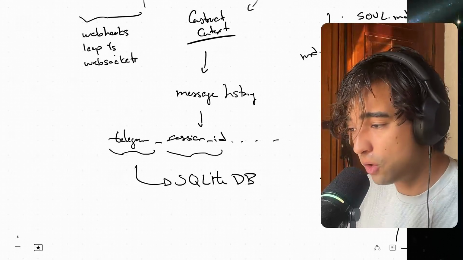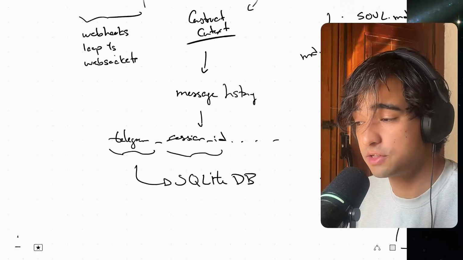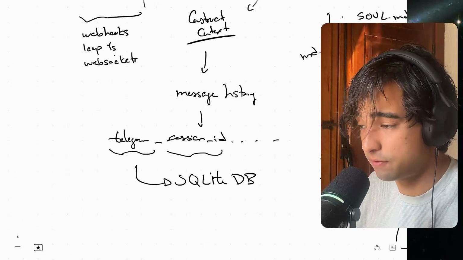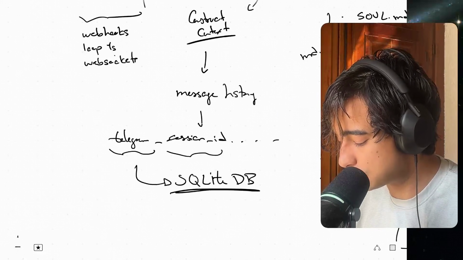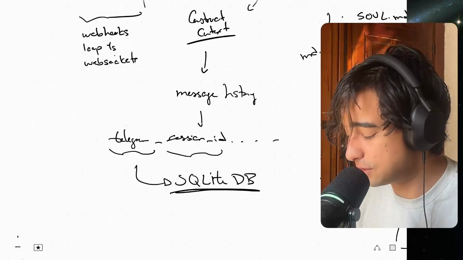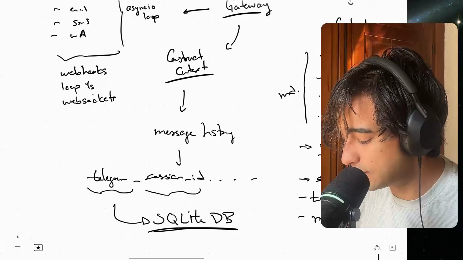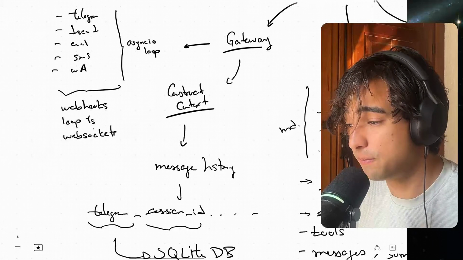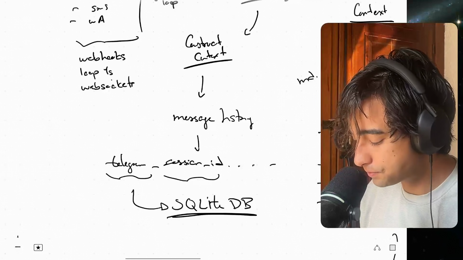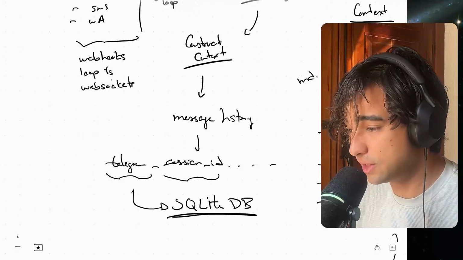Okay, so all of your messages from all of your previous conversations with your agent are always going to be stored in SQLite, as we're going to see in just a moment. And what happens is that when the gateway receives a new message from Telegram, it is going to check your SQLite database.